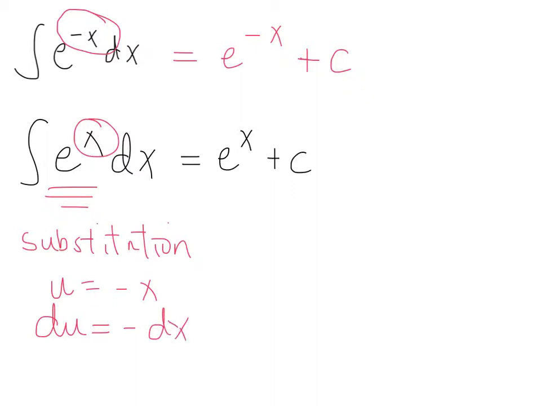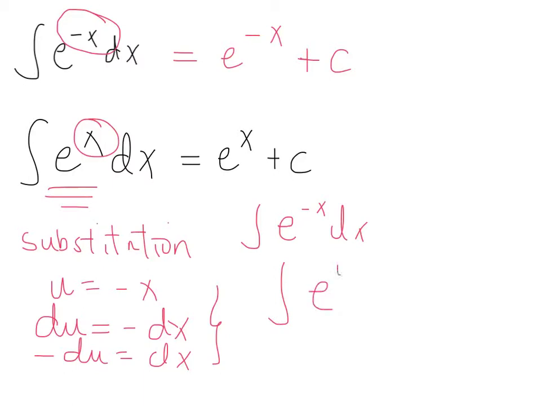This means that negative du is equal to positive dx. Okay? So with this, the integral of e to the negative x dx can now become the integral of e to the u, because u is negative x, and then dx is now changed to, so take note that dx is equal to negative du.